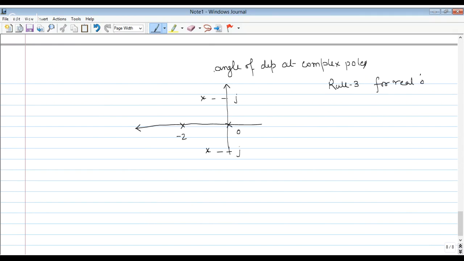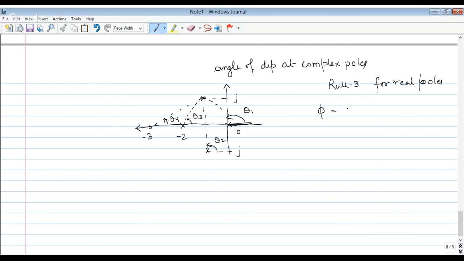So angle of departure tells us at which angle the branch of the root locus should leave a particular pole. We connect it to the rest of the poles. One more zero is there like this. Angle of these branches from the positive real axis like this: this is theta 1, this is theta 2, this is theta 3, this is theta 4.